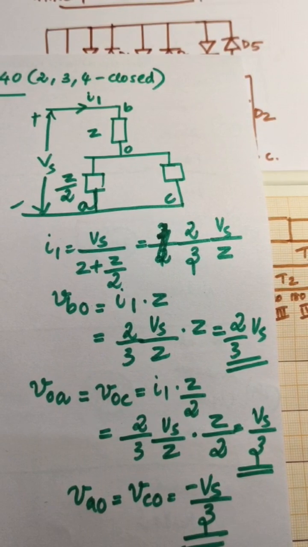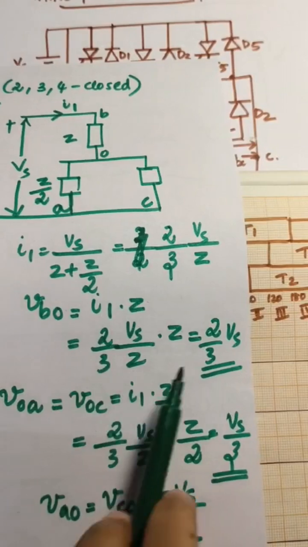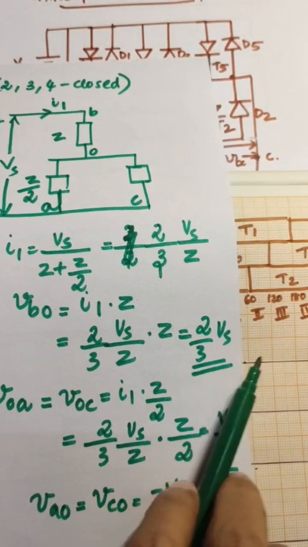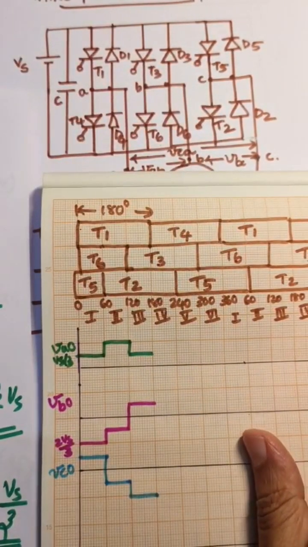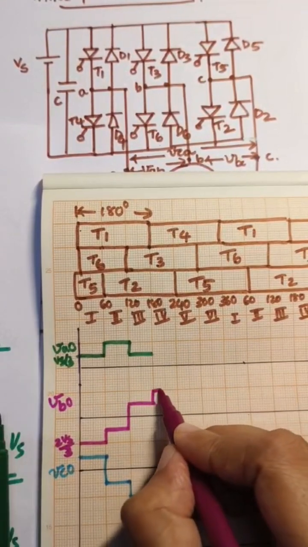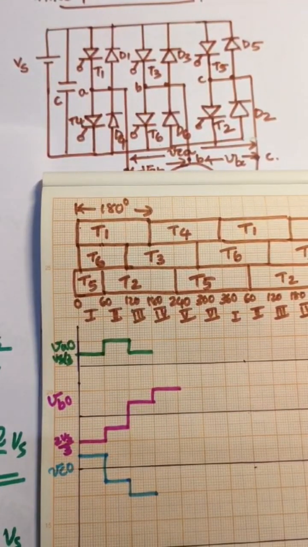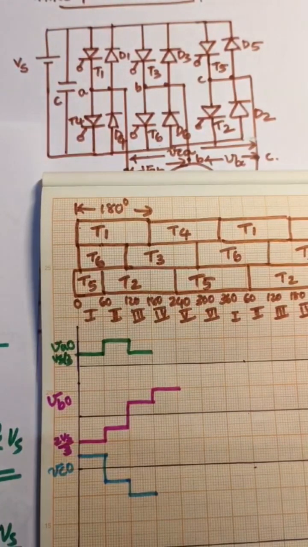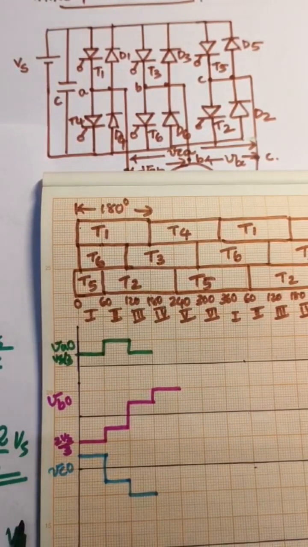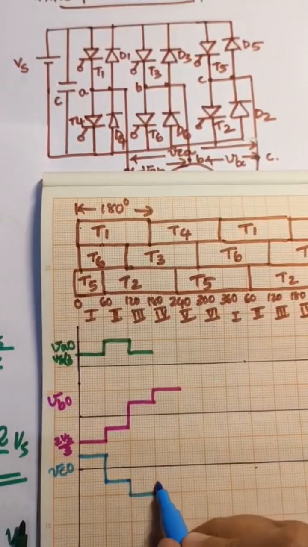We can indicate these values in our graph. So VBO is 2 by 3 Vs, and VCO is minus Vs by 3.